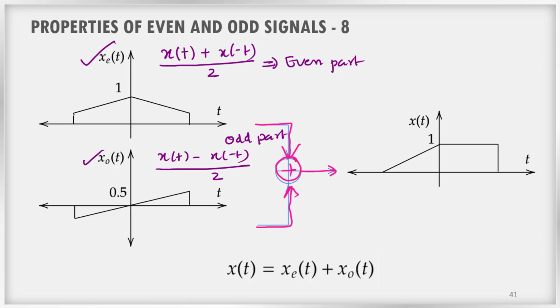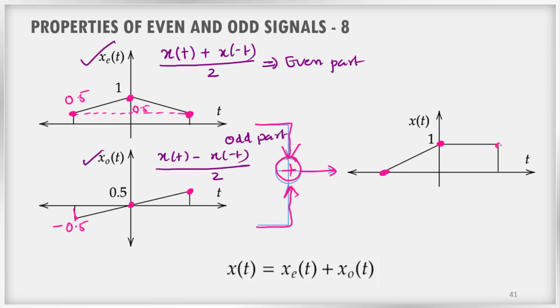Why is it so? We can see that this point is actually 0.5, and here it is minus 0.5. So if we add 0.5 and minus 0.5, you will get 0 here. And here it is 1 and here it is 0, so you add both, you will get 1. And here it is 0.5 and here also it is 0.5.